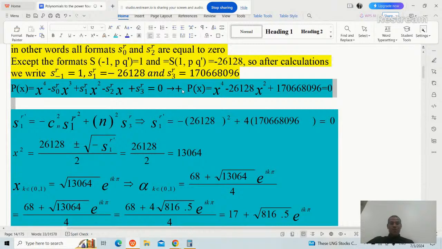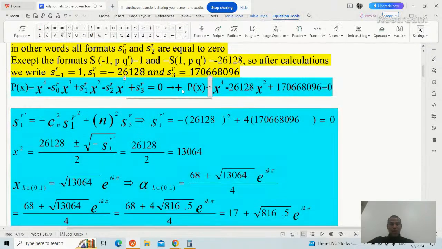I will just erase this plus. I will not write S0 because it is 0. I will just focus on S1 x squared and S3, x raised to the power 0. And this one is 0.